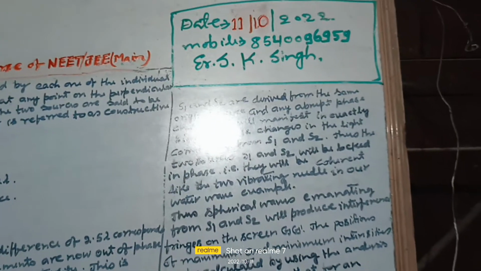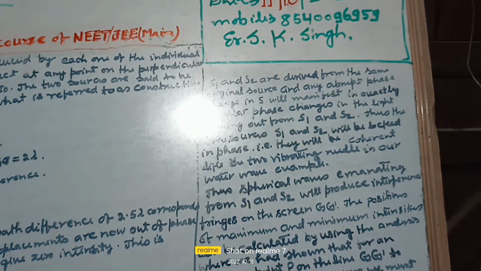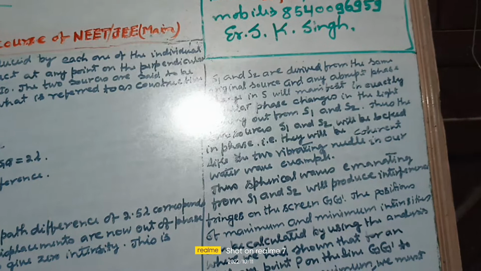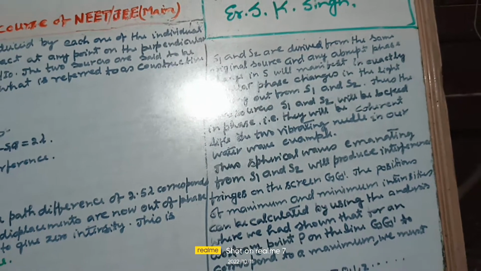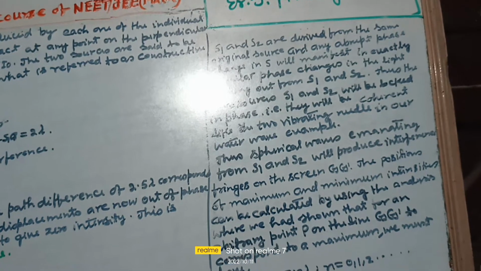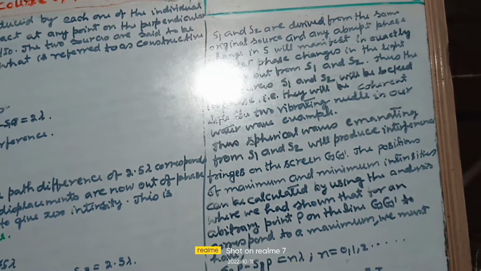Thus the two sources S1 and S2 will be locked in phase. It means they will be coherent like the two vibrating needles in our water wave example. Thus spherical waves emanating from S1 and S2 will produce interference fringes on the screen GG'.